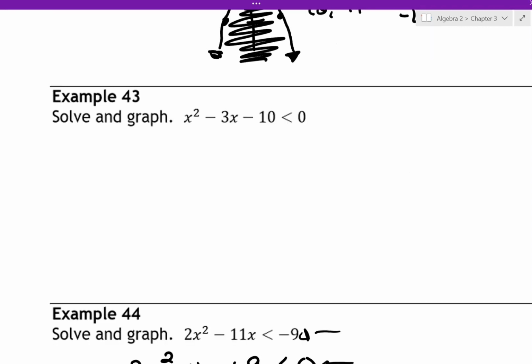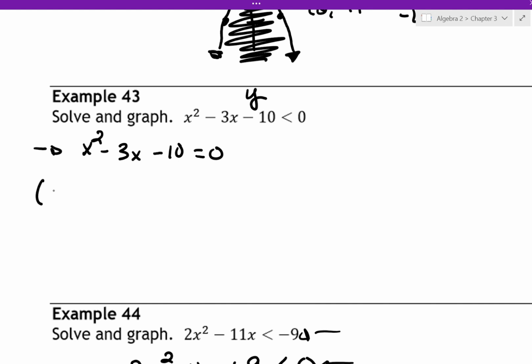Looking at number 43 here, we're going to start off by trying to set this as x squared minus 3x minus 10 equals 0. Now, big thing that is different about 43 than 42 is that there's no y, right? There's no y in this. So whenever we graph this, we're going to just use a plain old number line. So first off, like I showed, we're going to set it equal to 0, not just less than, but equal. And we're going to solve this.